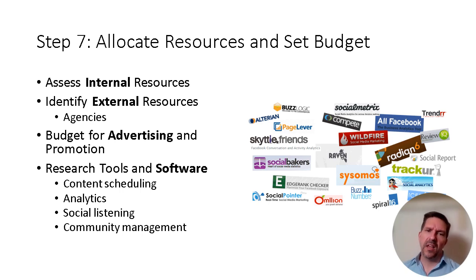Step 7, after you have your content and a plan on when you're going to post it, based on your objectives and all the research that you've done prior to this, what you need to do is decide who's going to be doing what, right? Have a plan. Again, if it's a team of one in your basement, then you know who's going to be doing everything. But if you have multiple people, assign jobs to people.